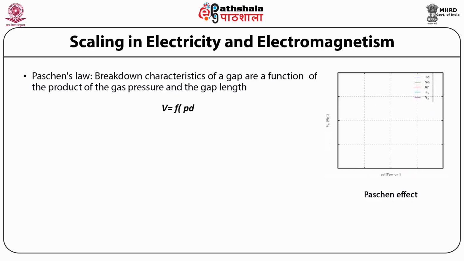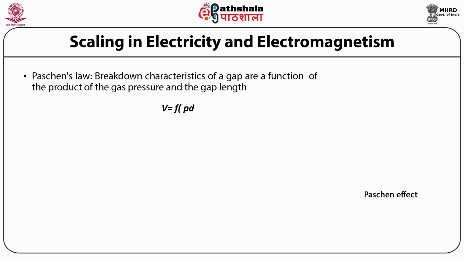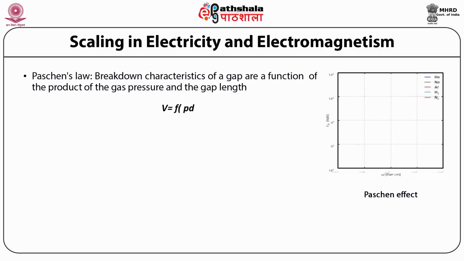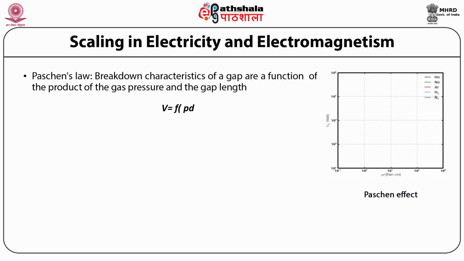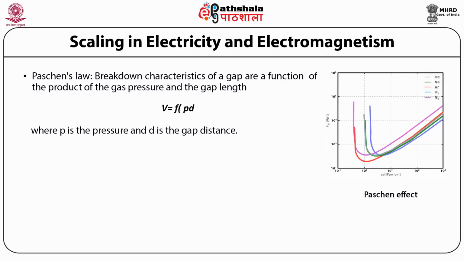Paschen showed that the breakdown characteristics of a gap in a parallel plate configuration are a function of the product of the gas pressure and the gap length, usually written as V is equal to F of P multiplied by D, where P is the pressure and D is the gap.